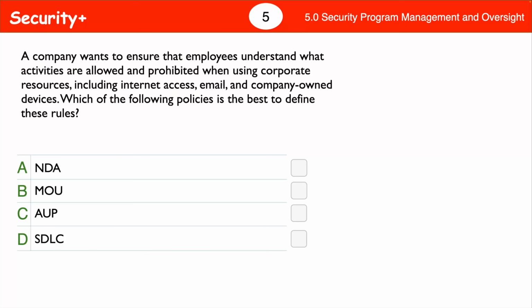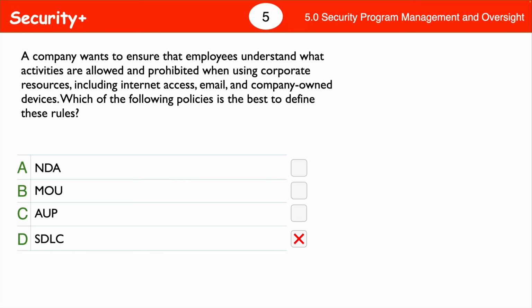And we can start right off the bat by eliminating D, SDLC. That's going to stand for software development lifecycle, and that focuses on developing and securing software rather than setting rules or anything like that. And technically, it's not a policy. So we can rule that one out there.